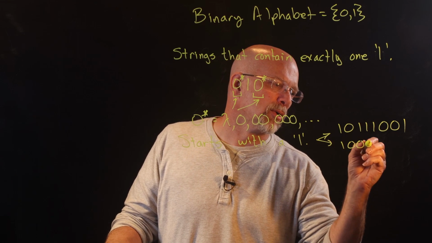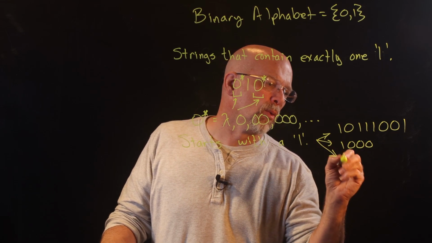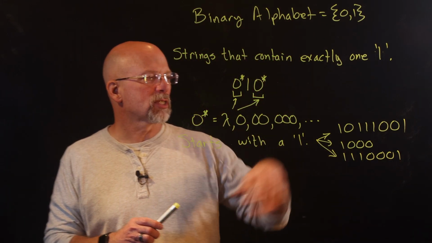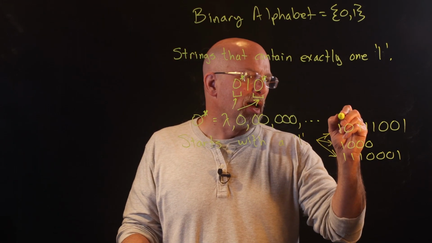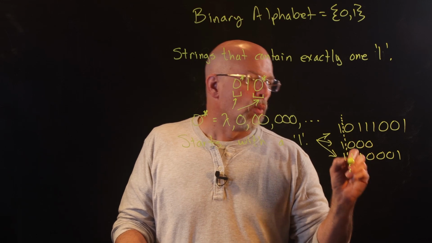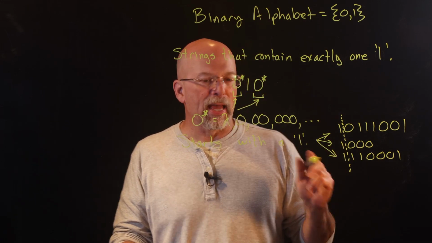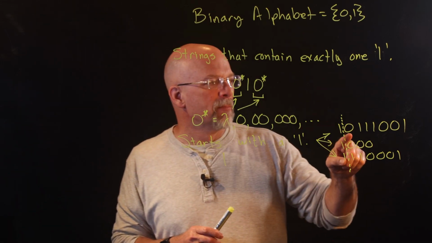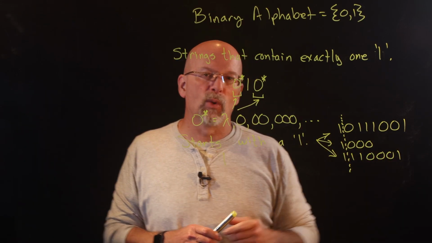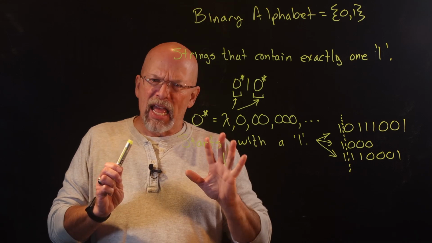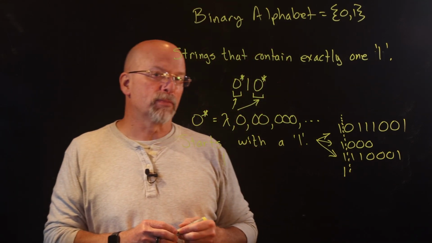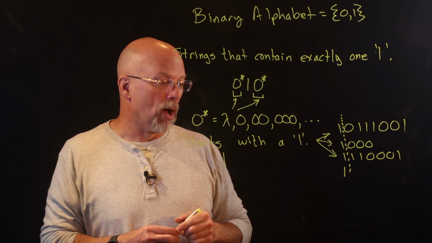Also 1 0 0 0 would satisfy it, or 1 1 1 0 0 0 1 would satisfy it. Any of these would satisfy it. And so what we want is we can define this first bit. That first bit, it just needs to be a 1. But we need to concatenate it with any pattern of 1s and zeros. Any pattern, including the empty set, because it could just be a single digit, a single bit, 1.